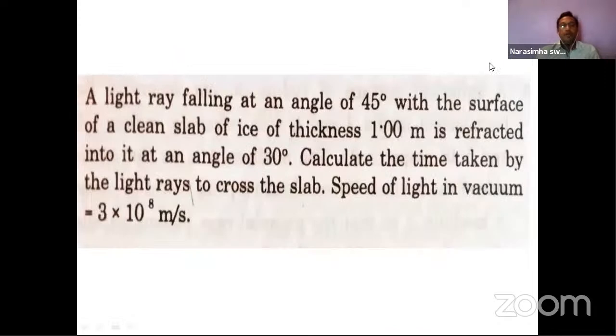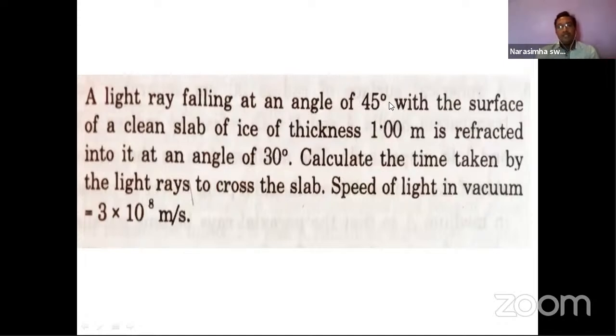And you will see one more problem here. Try to understand the problem cautiously and keenly. A light ray falling at an angle of 45 degrees with the surface of a clean slab of ice of thickness 1 meter is refracted into it at an angle of 30 degrees.